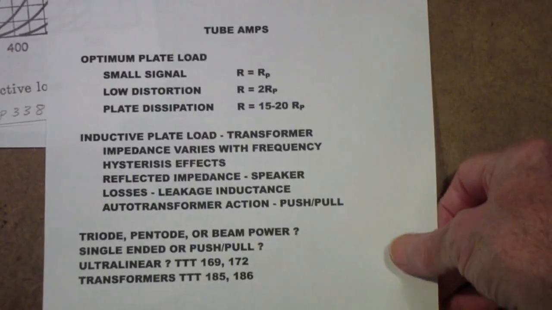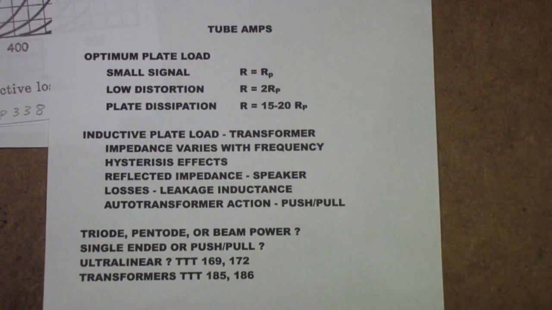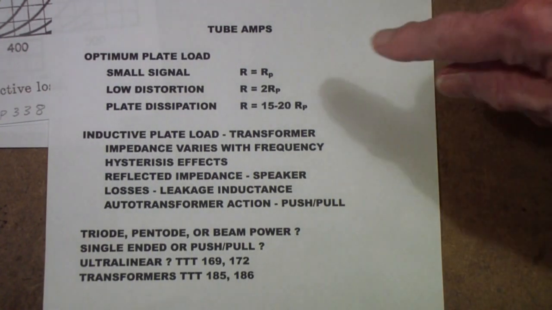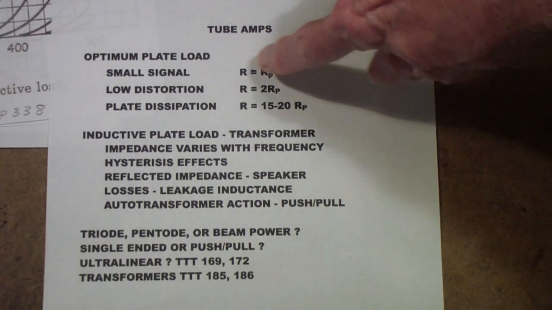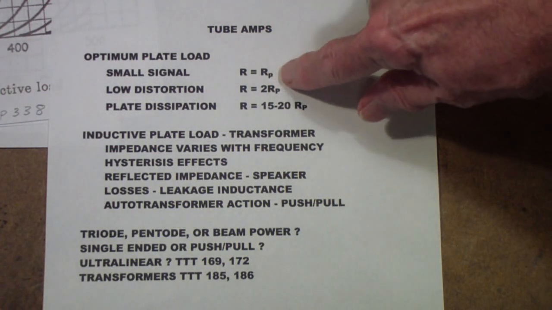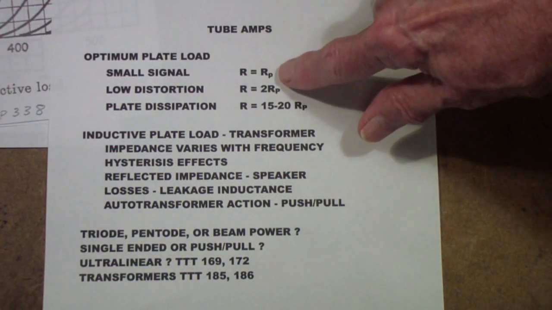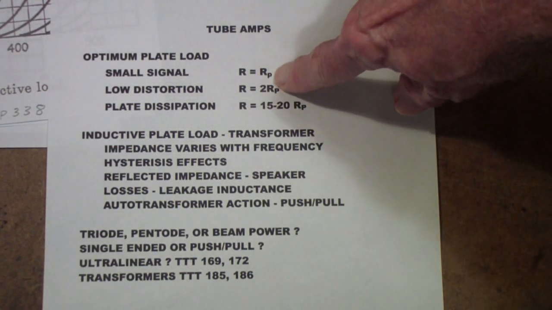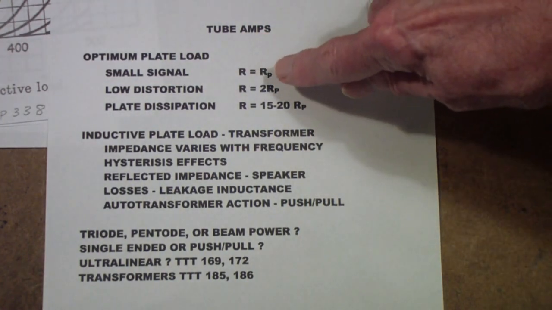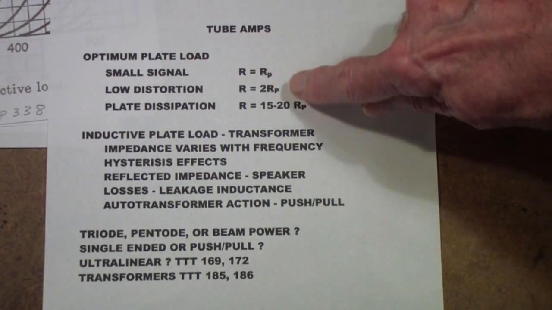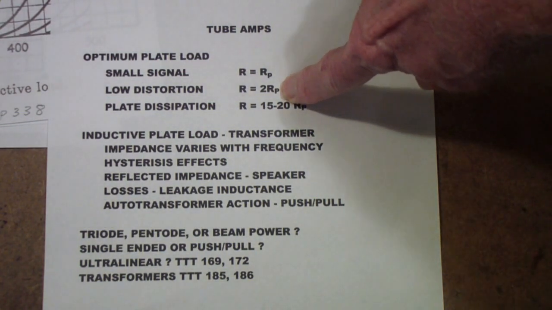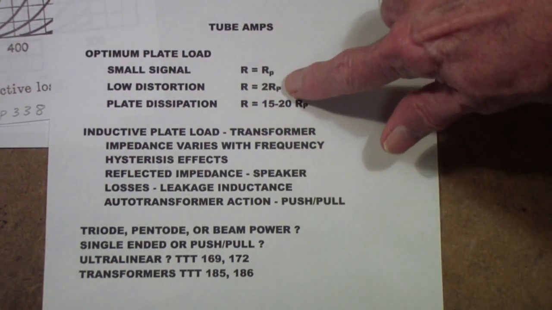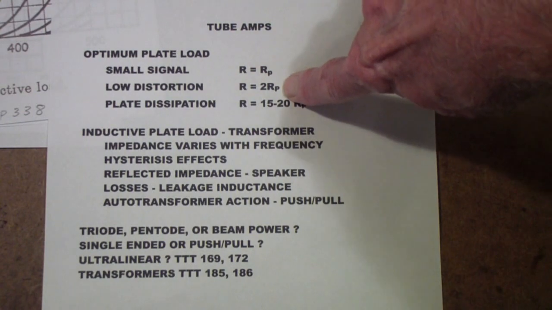Slide that out of the way. And what that author talks about is that early on it was realized that when you're operating with very small signals, the optimum plate load is the plate resistance of the tube. However, if you want to get low distortion, you tend to operate at a load resistance approximately twice the plate resistance of the tube.